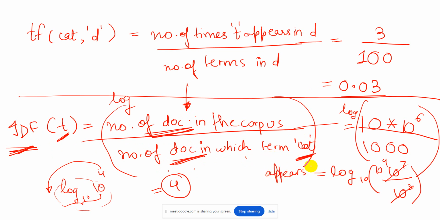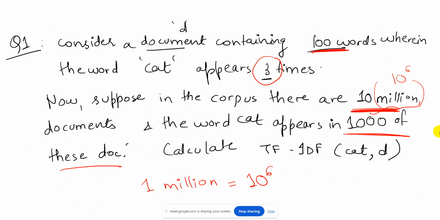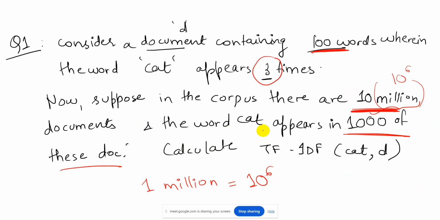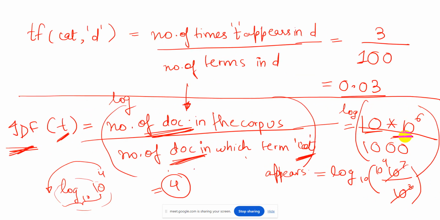In my question there are 10 million documents in total, so I put that in the numerator, and the word cat appears in 1,000 of them, so that comes in my denominator, and I'm supposed to take the log of it. So I took the log base 10. Sometimes you can take log base 2 or log base e, the natural logarithm. Mostly it is given in the question which one you're supposed to take.